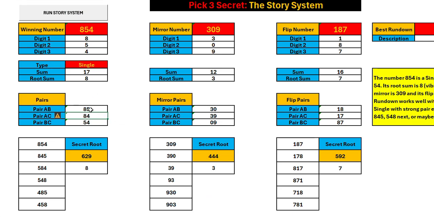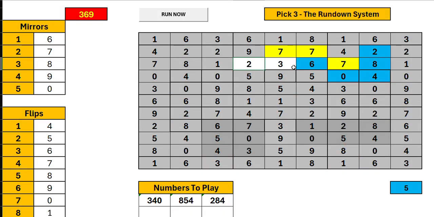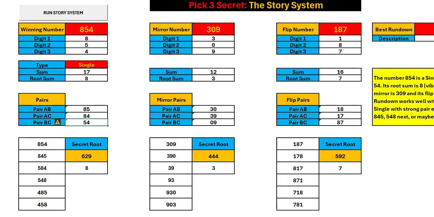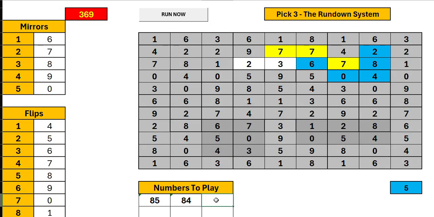Let's see. 858454. I'll look at something real quick. Let's take this out. So the pairs are 8584. Did I say 24? 858454.